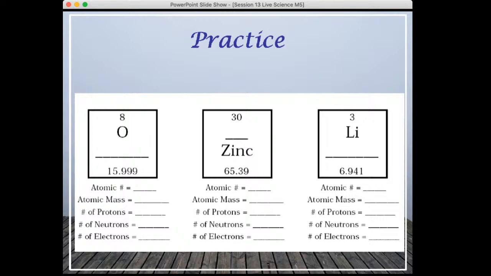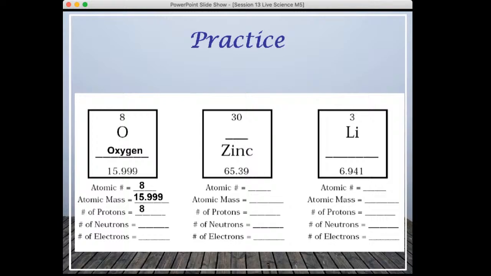Let's do some practice on what we have learned today. In the first example, the element is oxygen. The atomic number is 8. The atomic mass is 15.999, which is approximately equal to 16. The number of protons is equal to 8.